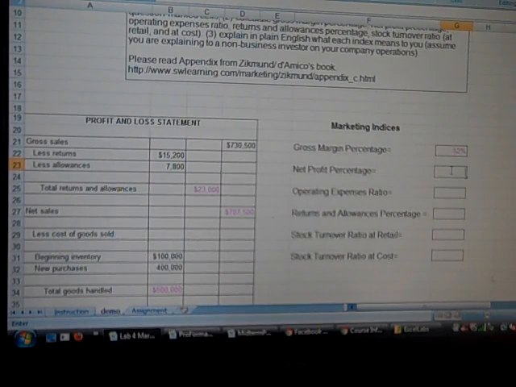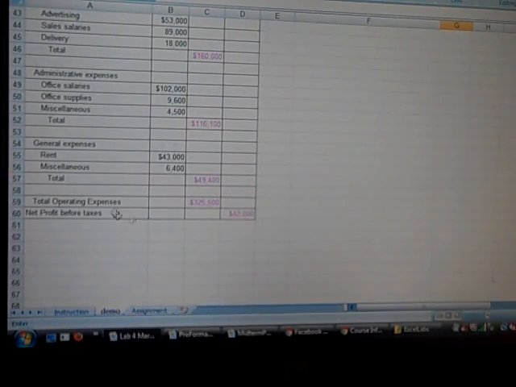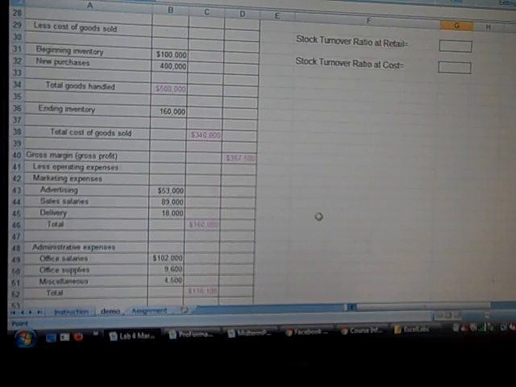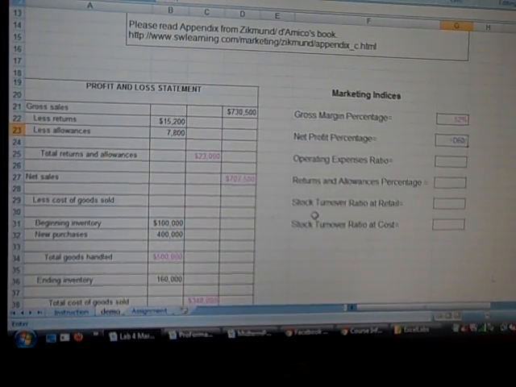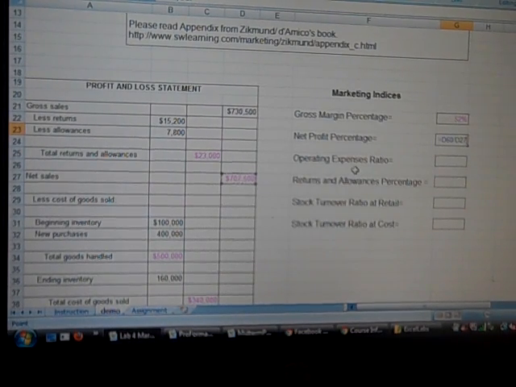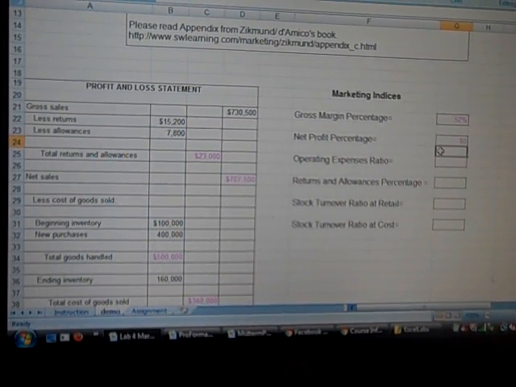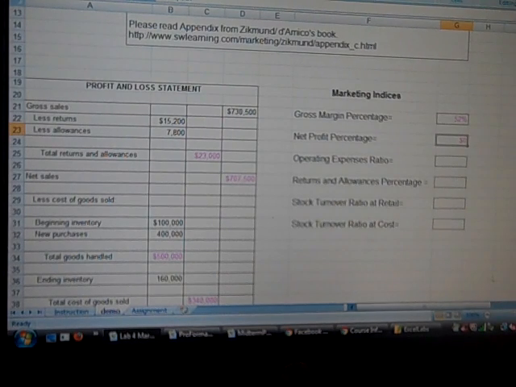Then to find your net profit percentage, you do the same. So you go to the net profit this time, which is right here, and then you divide again by your net sales. Okay, equals, and then you can change the format. You don't have to do this the entire time, I just wanted to show you. So this is 6%.